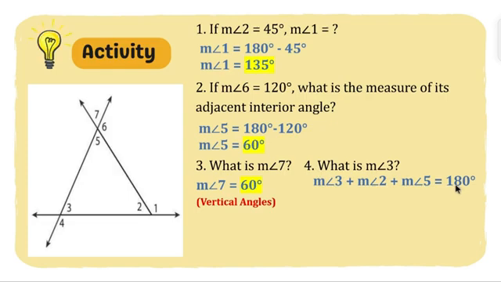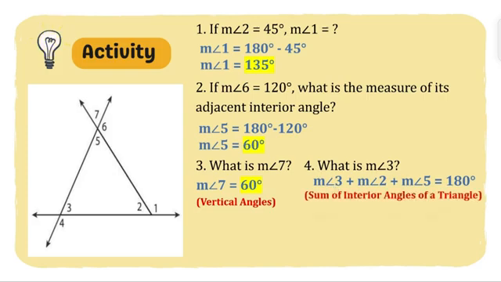Whatever kind of triangle it is, whether right triangle, equilateral, or scalene, it will always be 180 degrees.